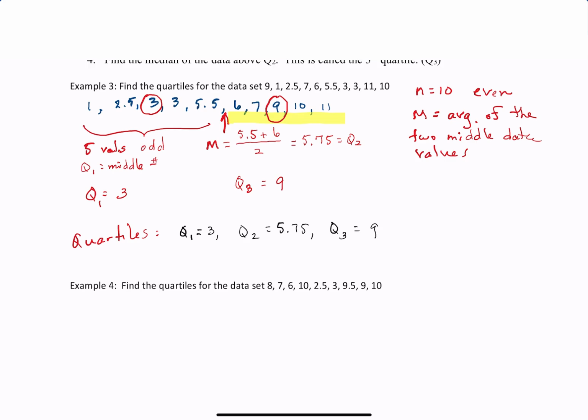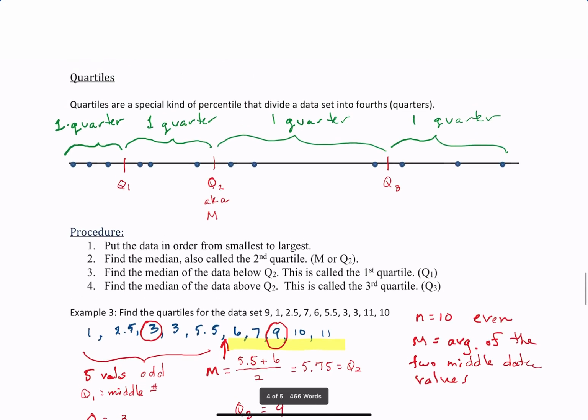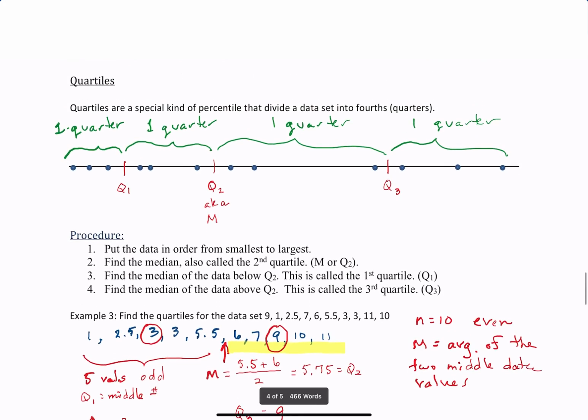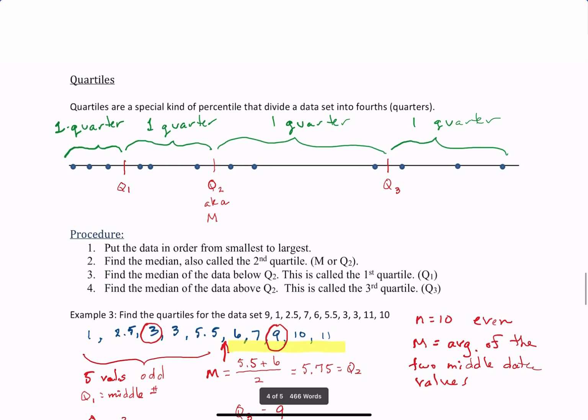Now I realize that my little picture up here was a little too simplistic. We're not always going to have a data set that divides evenly into quarters, but I wanted to make a nice simple picture just to get the idea in there.